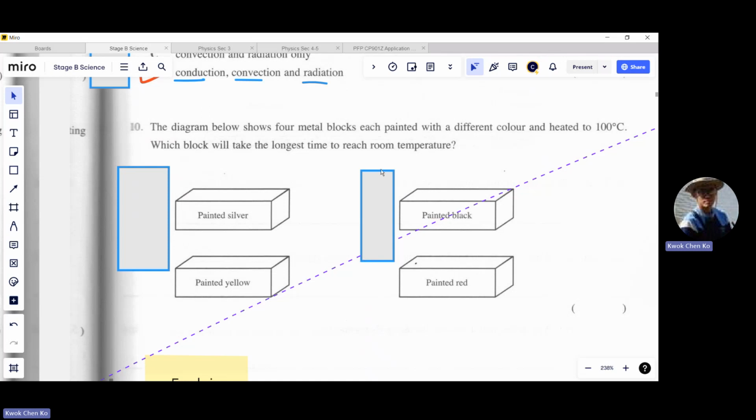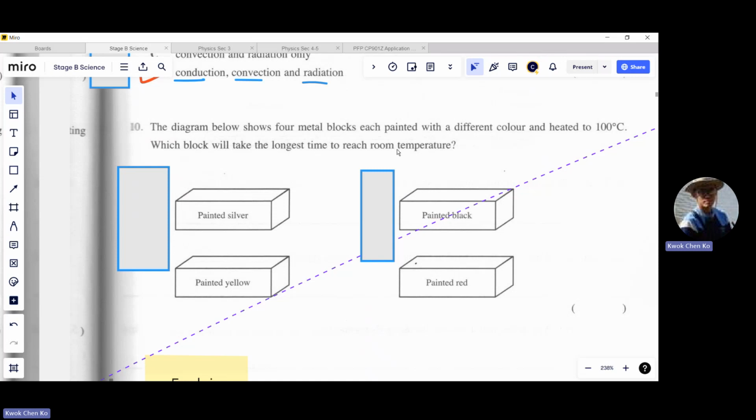Once you finish off, Question 10. The diagram below shows 4 metal blocks, each painted with a different color and heated to 100 degrees. Which block will take the longest time to get to room temperature? B. Which one is the poorest emitter?